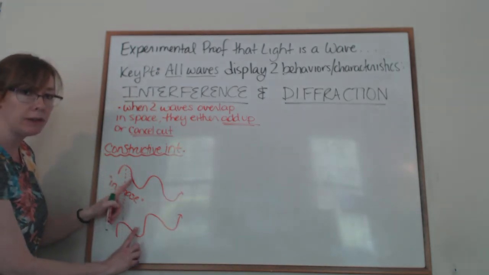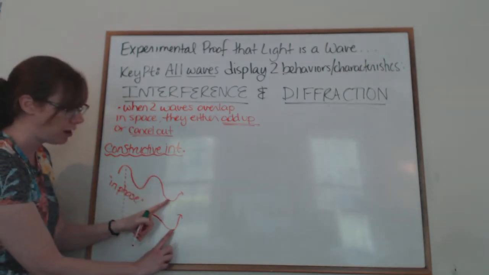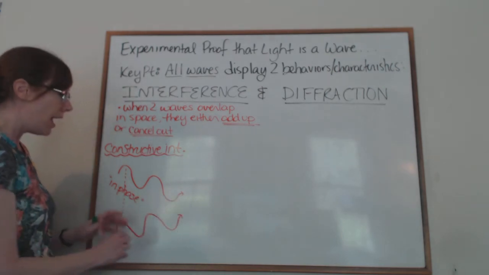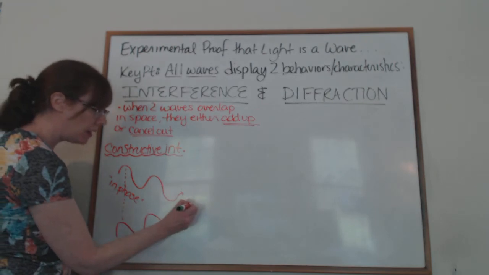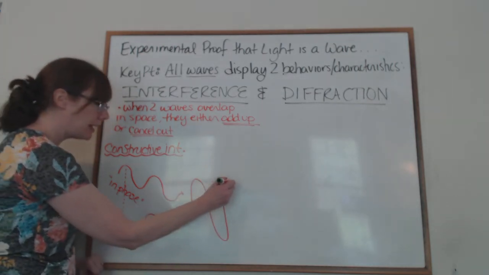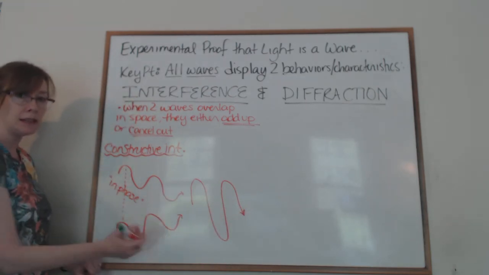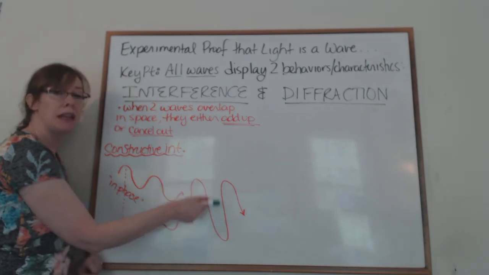And then they both experience a trough, and then they both experience a crest, and then a trough. When they hit each other, they're going to be in phase, and when they do that, they will add up. Add up means that they will essentially double their amplitude. Their wavelength will stay the same, but they're going to double their amplitude, this plus this. And so you can see it ends up to be a very large wave, large meaning in terms of amplitude.